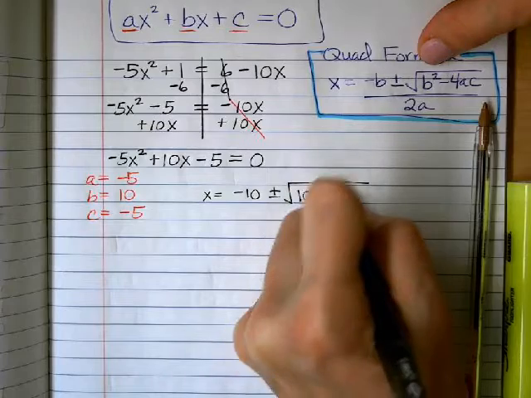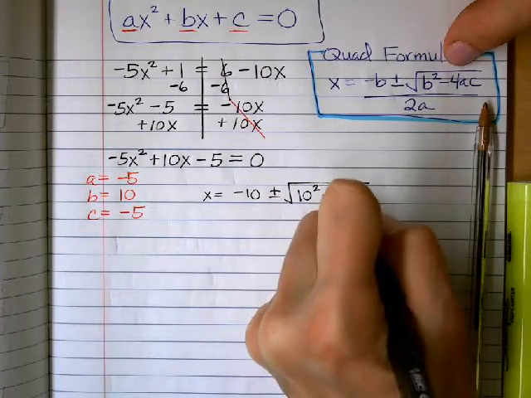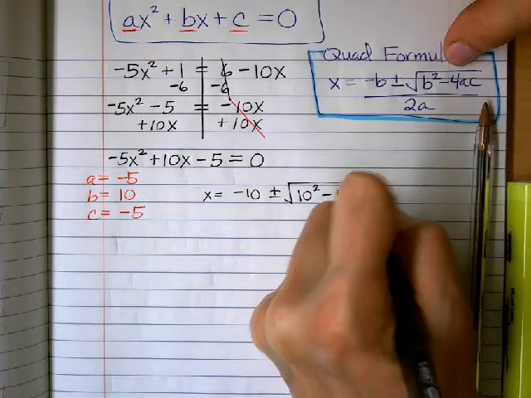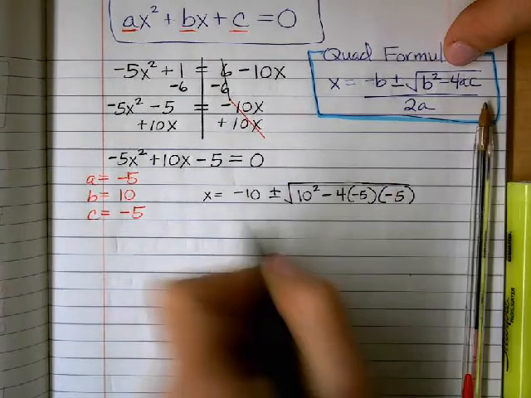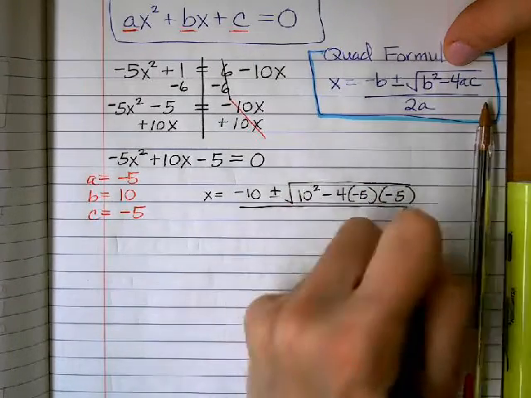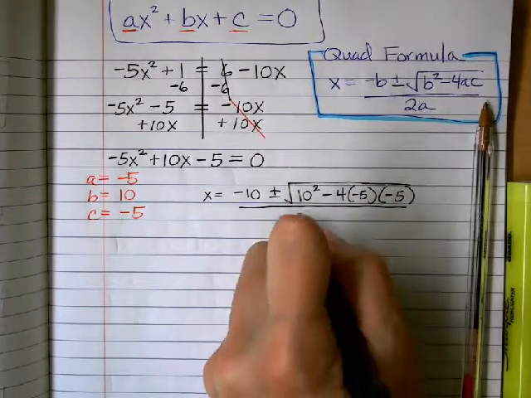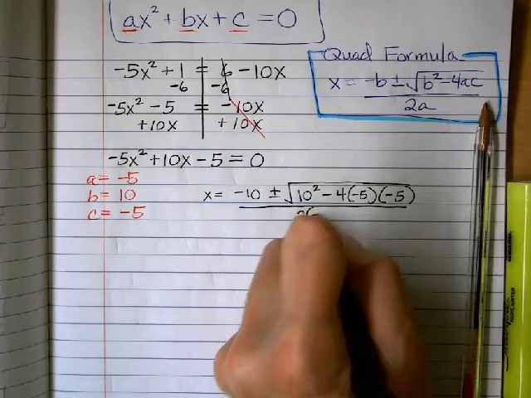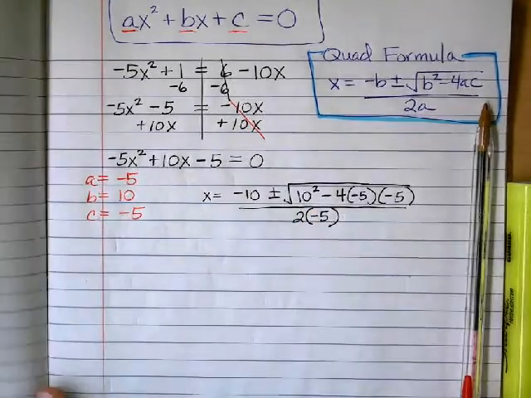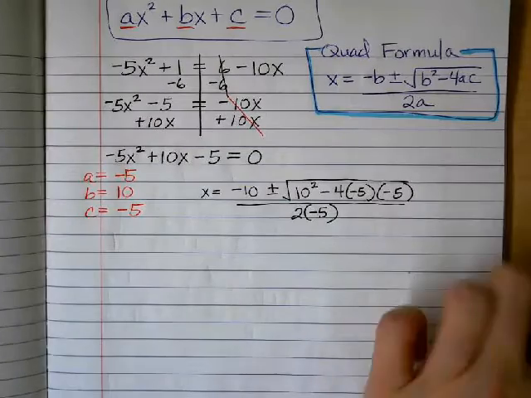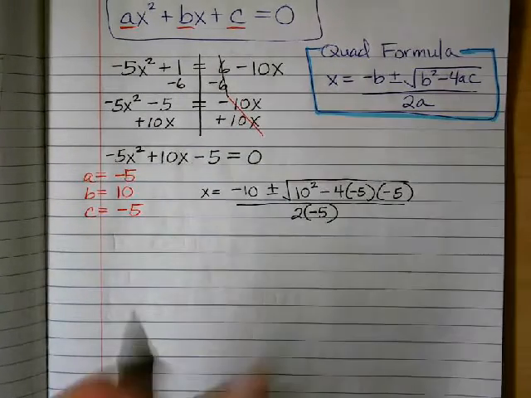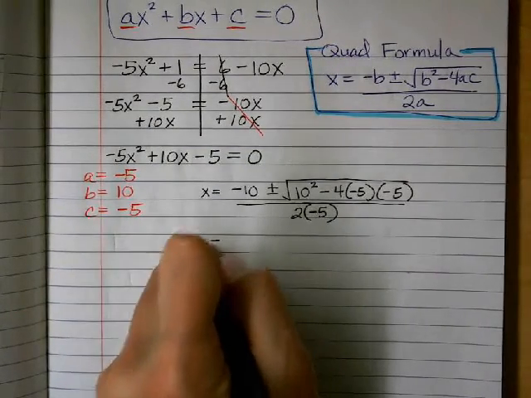A is negative 5, and c is negative 5. Then the whole thing all over 2 times a. So I'm putting the a, b, c numbers into that formula. So x equals negative 10 plus or minus square root.